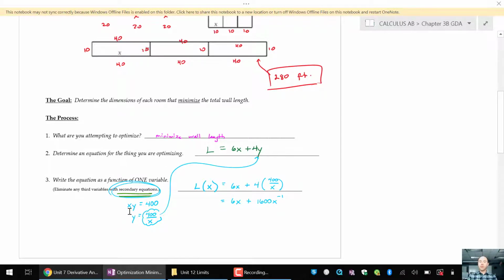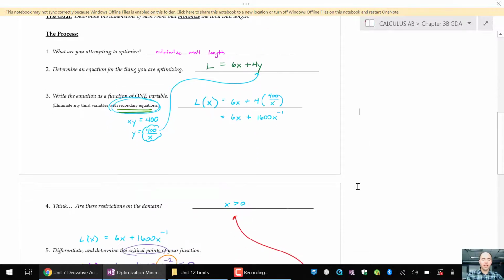If that's true, then I could solve for y and say that y equals 400 divided by x. Substitute that 400 over x in for y so that I now have an equation, L, as a function of one variable x. So here it is, 6x plus 1600x to the negative first. There's my equation. I want to optimize that, or find its minimum in this case.